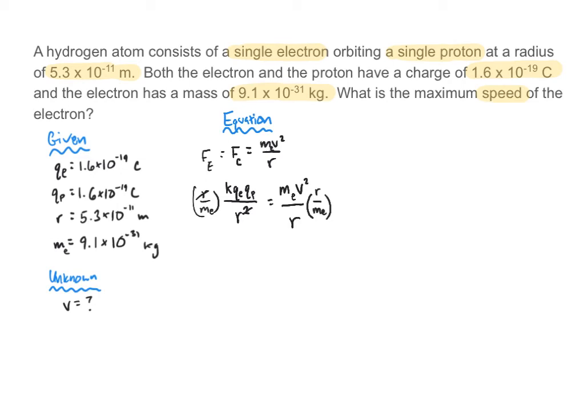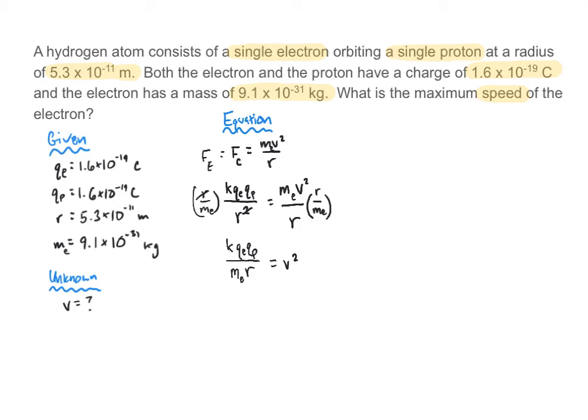So I'm going to have those two radiuses cancel, and I'll have just one distance, one radius, in the denominator of my fraction. And what I'll get is that k times the charge on the electron times the charge on the proton divided by the mass of the electron times the distance between the electron and the proton is equal to v squared.